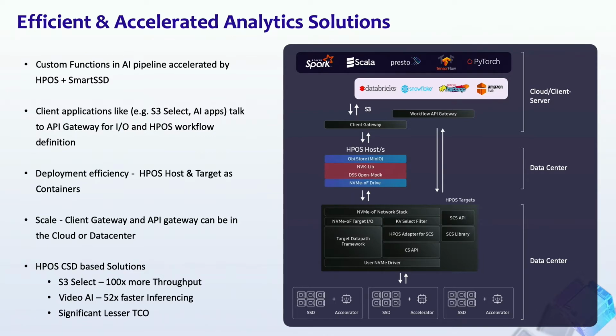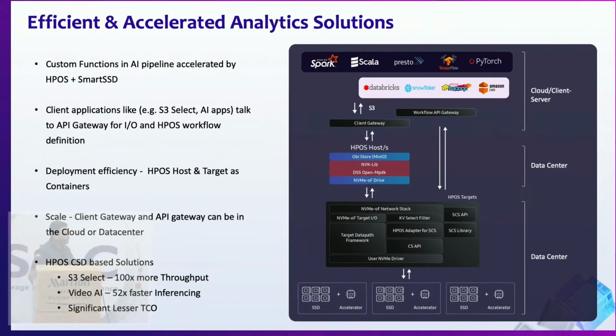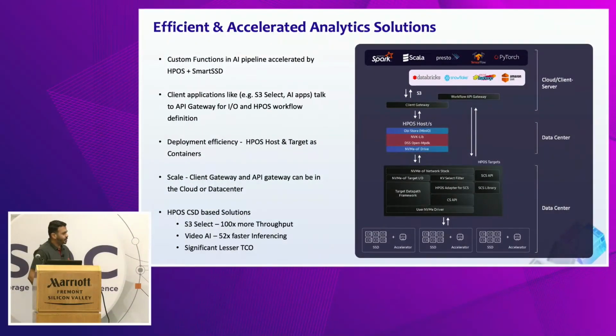So the applications can define their workflow, which function to offload during which layer, using a simple REST API. So that is the idea with the workflow gateway, right? And we do see a very good performance improvement for two of the use cases I'm going to talk about, in addition to TCO benefits.